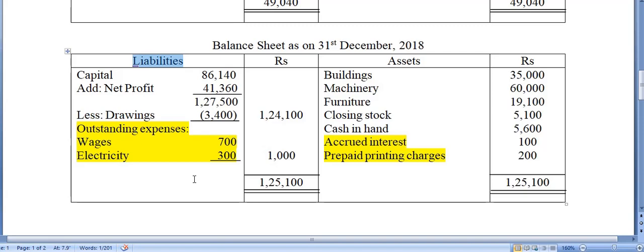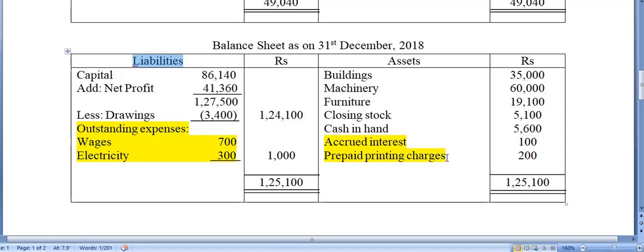And this prepaid printing charges: if any expenditure is paid in advance, that is known as deferred revenue expenditure, DRE. This deferred revenue expenditure acts as an asset for a short period of time, so it must be included in the asset column.